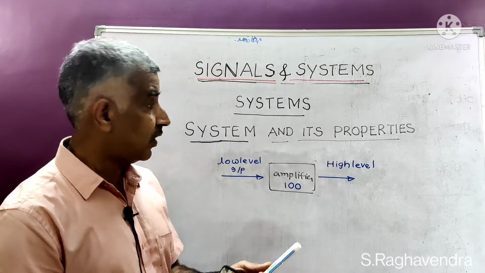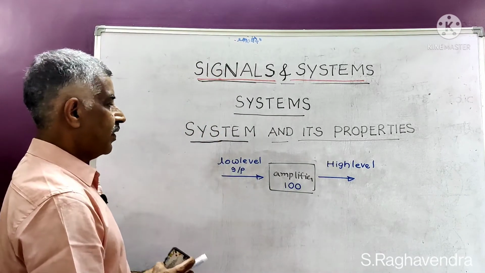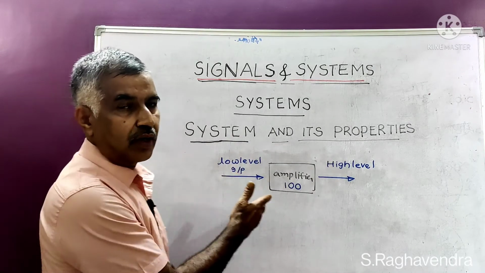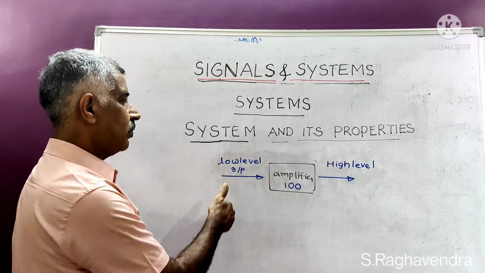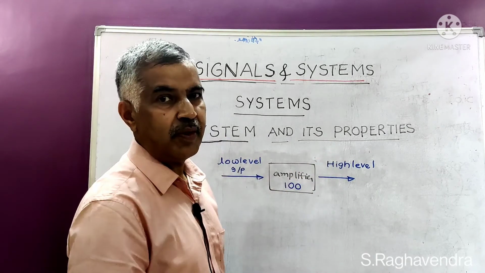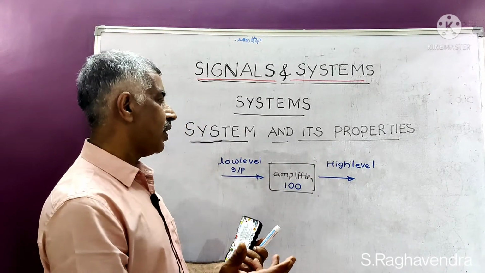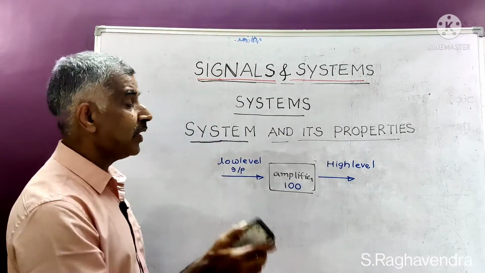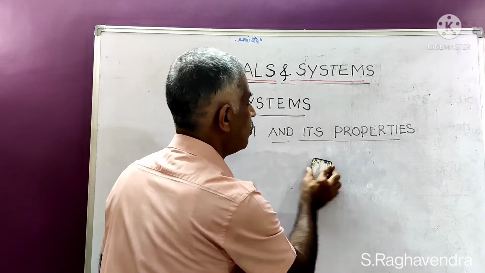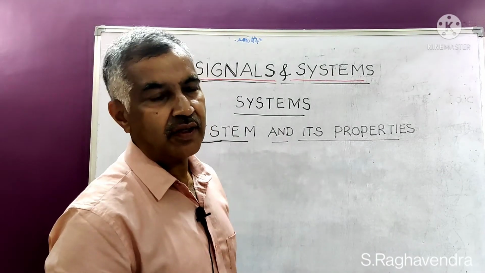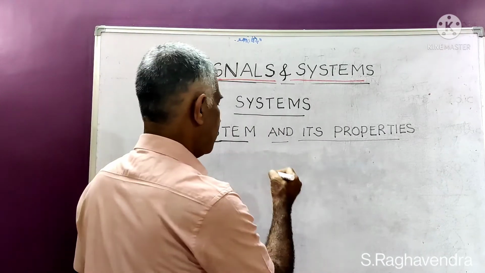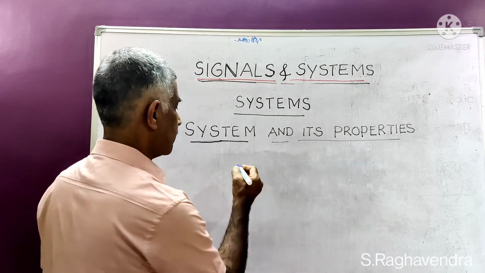The next question is, the signal may be continuous time or discrete time. So here the input and output signals will be continuous time or discrete time. Mathematical notation is important for you to remember. So I will give mathematical notation for a system. In textbooks there are 2 notations.